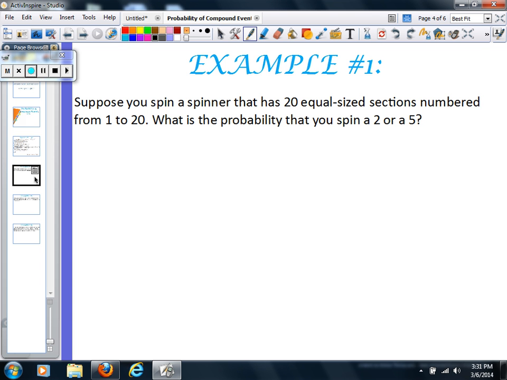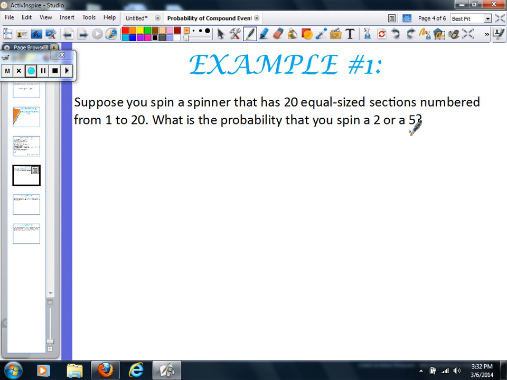Now let me ask, if I spin a 2, does that affect the probability of me spinning a 5, or is the probability still going to be the same? The answer is that it's still going to be the same. Okay, so these are independent events, and they're also mutually exclusive.